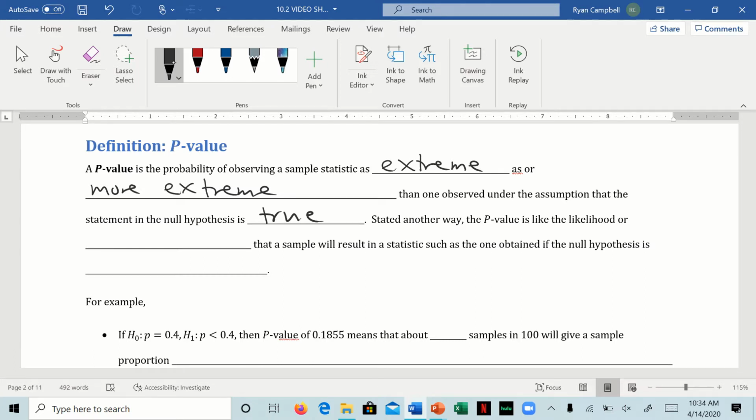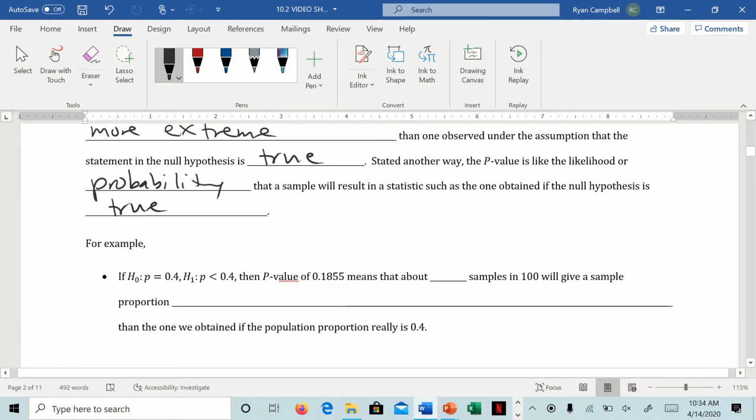So another way to say that, the p-value is the likelihood or the probability that the sample will result in a statistic such as the one observed if the null hypothesis is true. So if we did this again, we would expect to get a similar result if it's true.